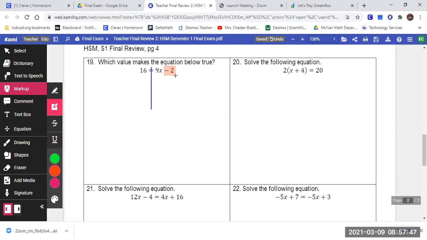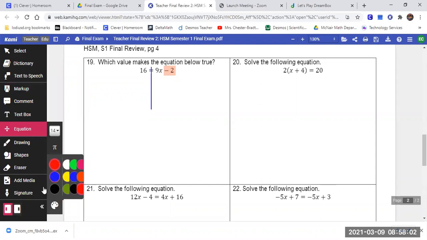What am I going to do to have that happen? I have to big zero that -2. So what am I going to do for that to happen? I have to add 2 where? Add 2 on both sides.